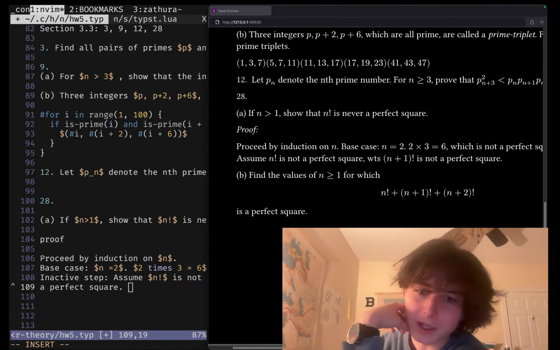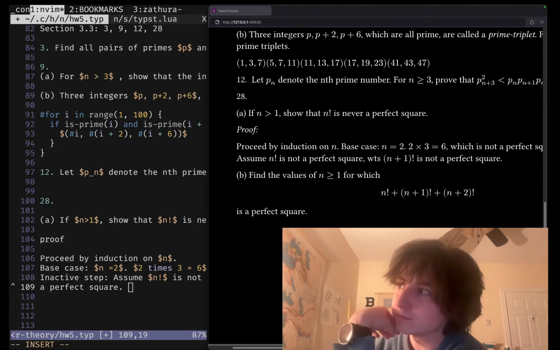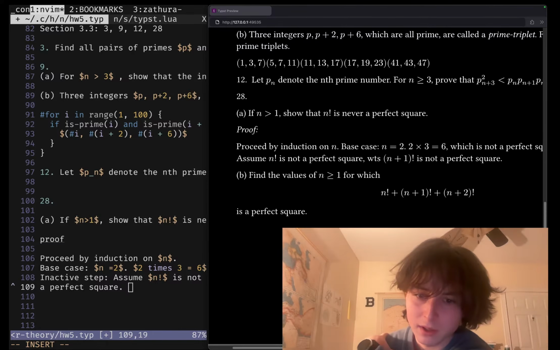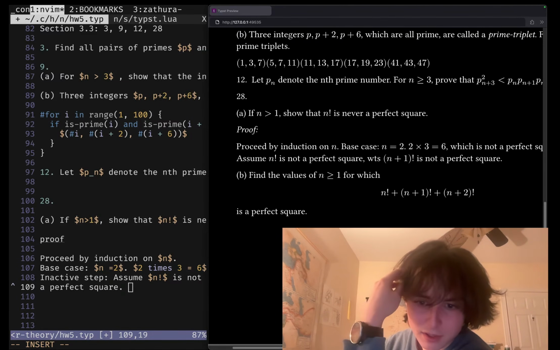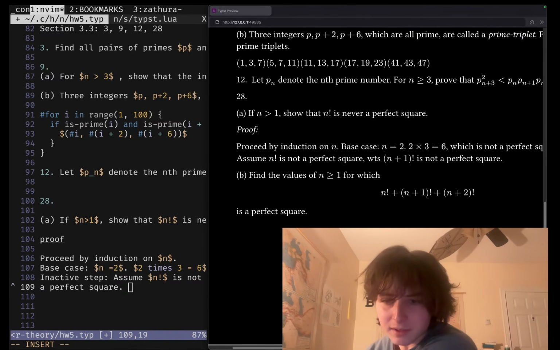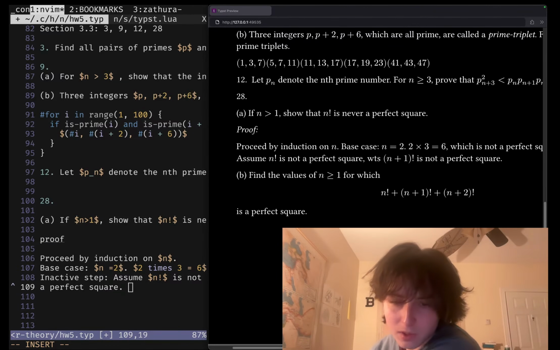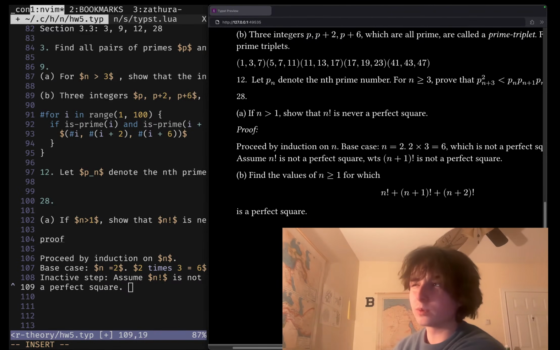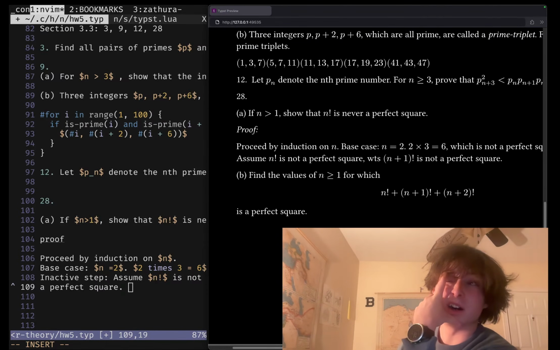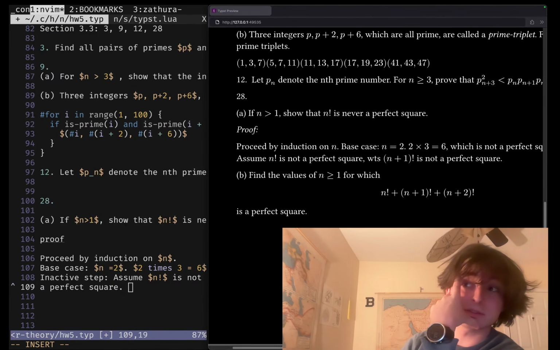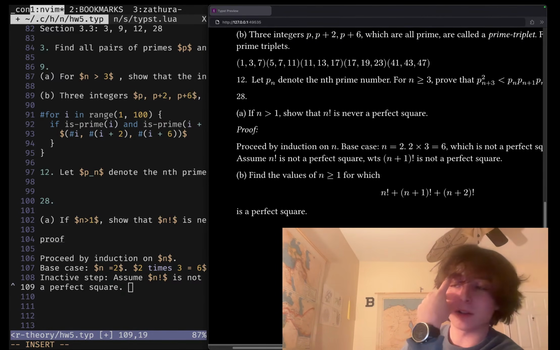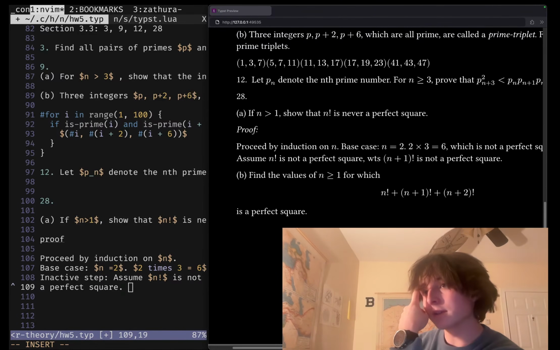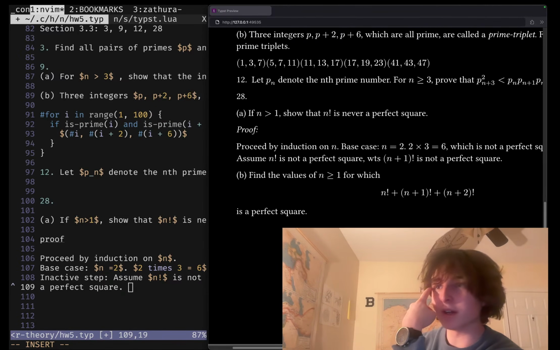I'm trying to think of a counterexample. Since n plus 1 is not n. But I mean, can you have a situation where you're multiplying something that's not a perfect square with something that's not it?